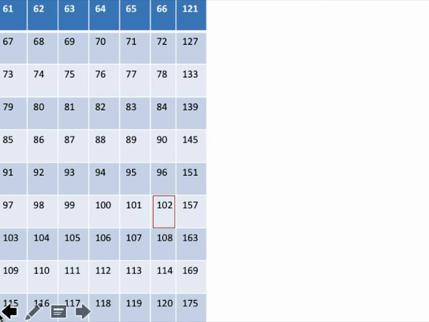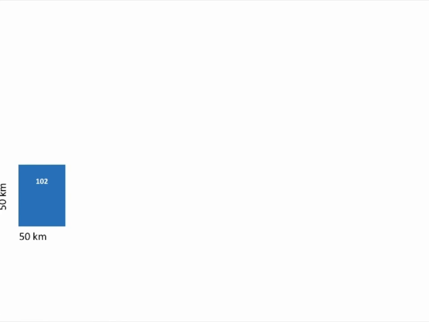I have to scale this at 1:2500, then it will be further divided. For example, I take this 102 and its distance on the ground is 50 kilometers.